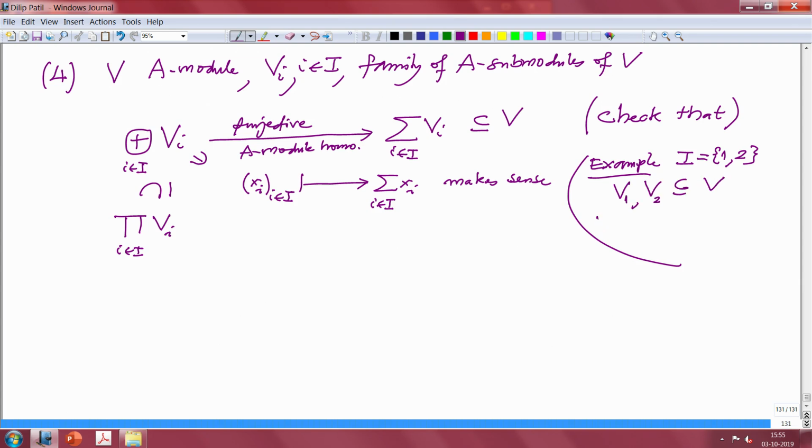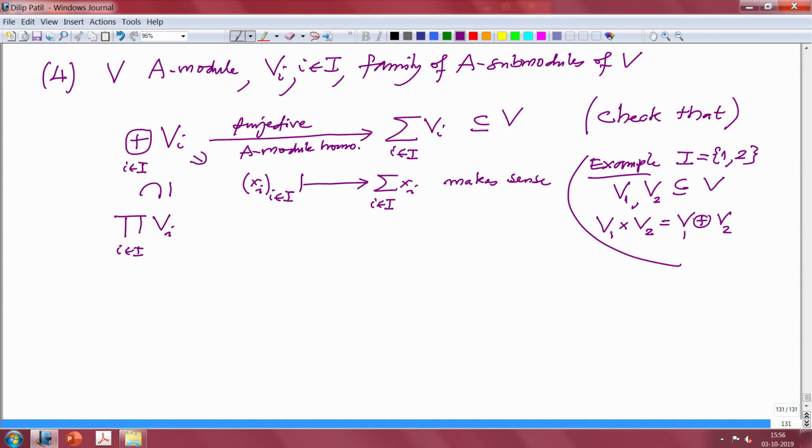So, on one hand the product is V1 cross V2 and the direct sum is the same, V1 direct sum V2, because there are only 2 elements. So, there is no question. More generally if I have a finite set, then direct product and direct sum will be the same.